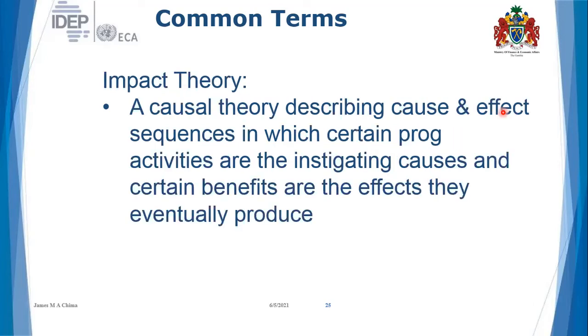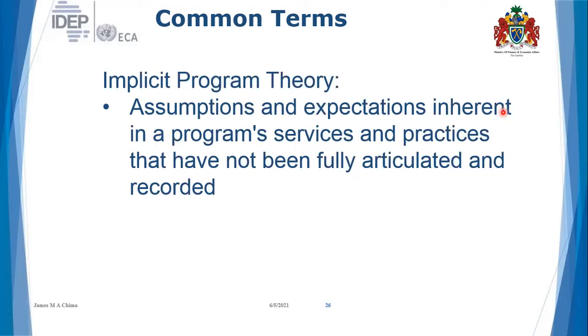Impact theory. This is a causal theory describing the cause and effect sequences in which certain program activities are the instigating causes and certain benefits are the effects that are eventually produced. Implicit program theory.